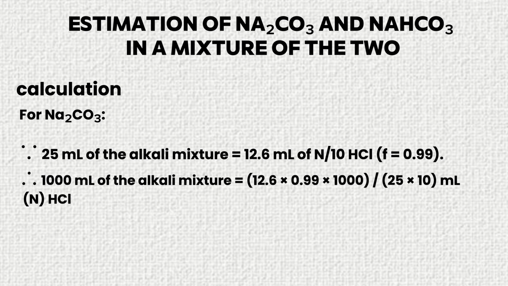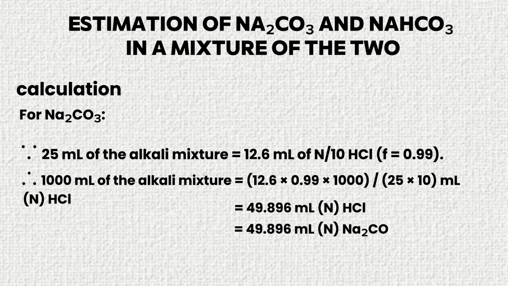Therefore, 1000 milliliters of the alkali mixture equals 49.896 milliliter normal HCl. This also means 49.896 milliliter normal sodium carbonate.